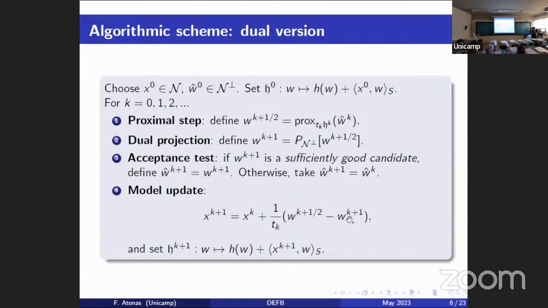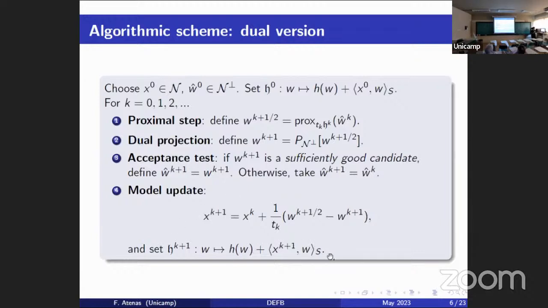And we can see here that the step size can be variable. I haven't said how we can update it, but I will explain how we can do it. So we update the slopes and define the new model.